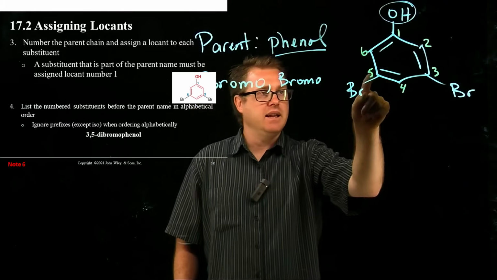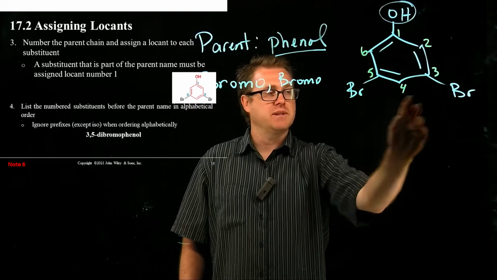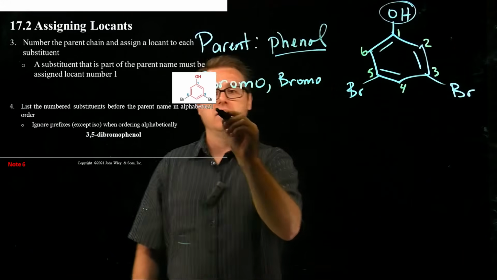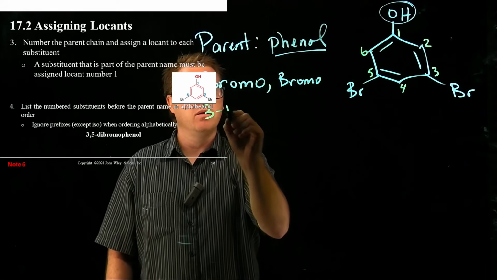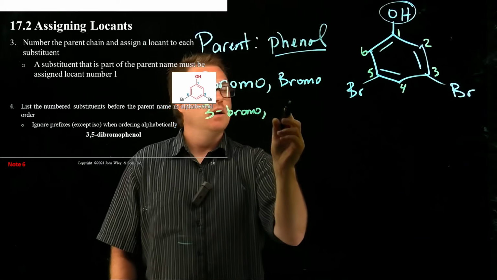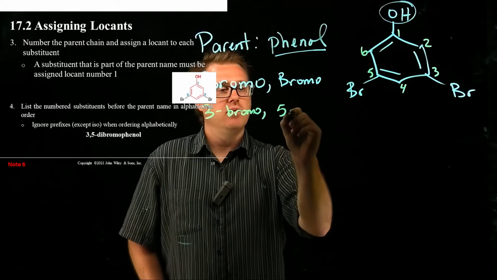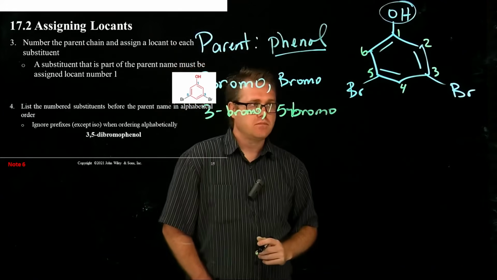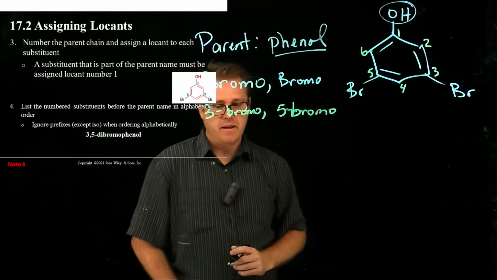So our two bromines are located at carbon 3 and carbon 5. That's where they're located.